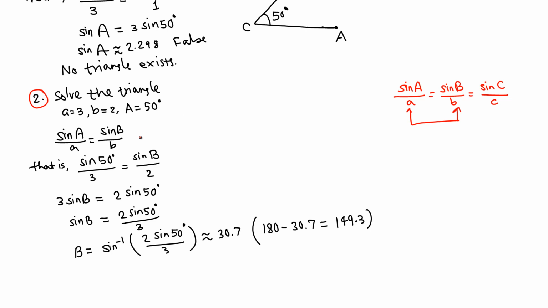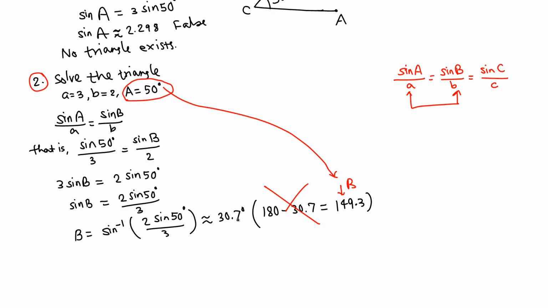But look here, our angle A is 50 and this could potentially be B, but the sum of these two angles is more than 180. Since we know the sum of three angles is 180 and the sum of these two is already more than 180, this case cannot happen. So B equals 30.7. So A is 50, B is 30.7 degrees, just that part.